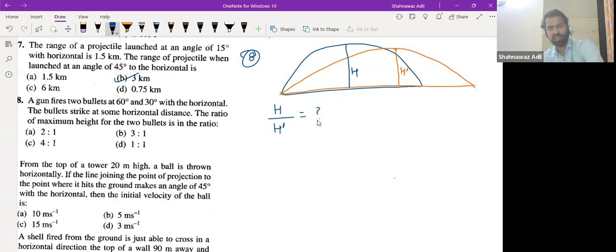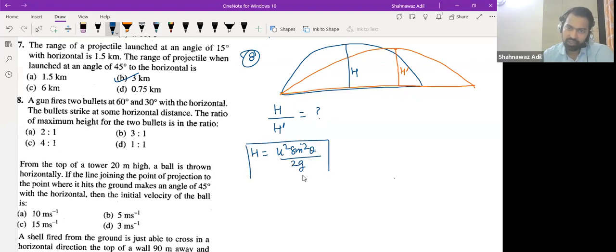Please find it out and tell. And remember, H is u square sine square theta by 2g. This is your maximum height. Please calculate and tell me what ratio you are getting.